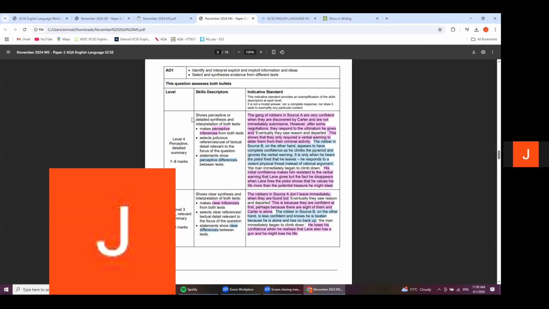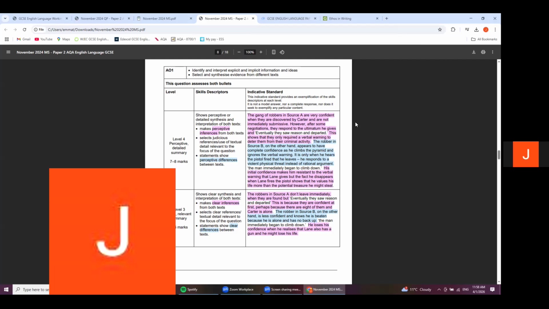So at level 4, for the top marks, a student shows perceptive or detailed synthesis and interpretation of both texts. So they make perceptive inferences from both texts, select judicious references, and use textual detail relevant to the focus of the question. And the statements show perceptive differences between texts. So an example of what these look like, these color-coded parts here.